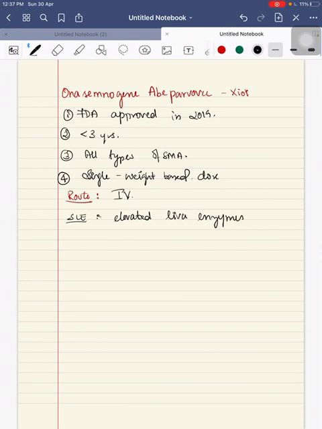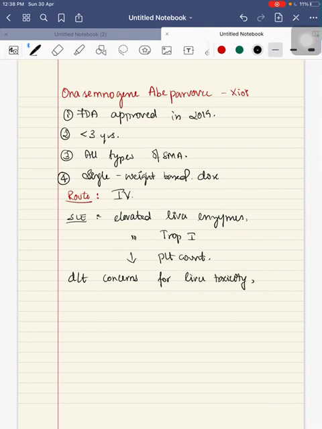The side effect here is there will be an elevation in the liver enzymes, leading to liver toxicity, and there will be a reduction in platelet count.